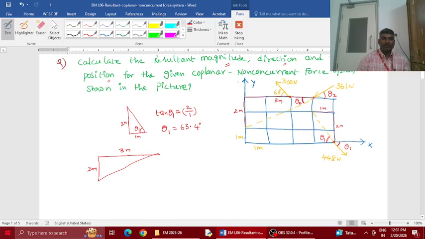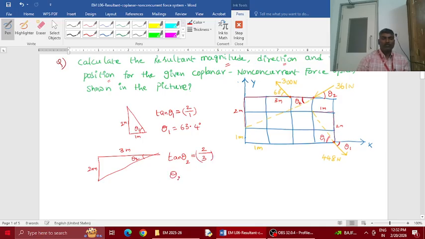Now taking tan theta 2, opposite side is 2 meters, adjacent side is 3 meters.